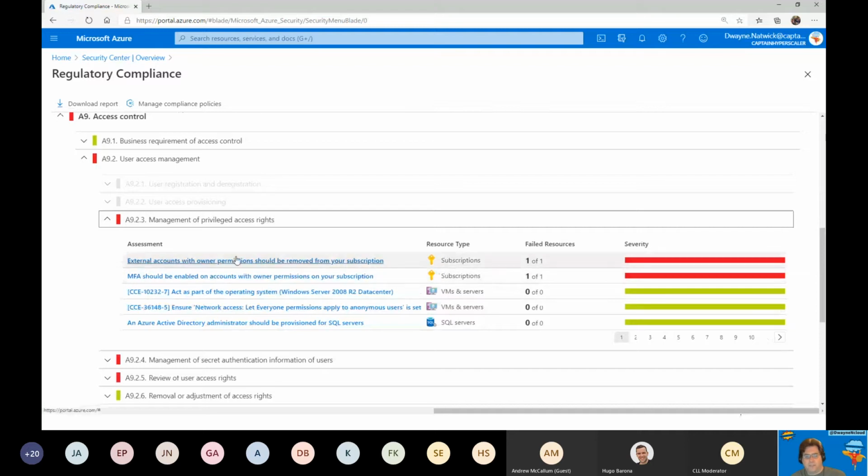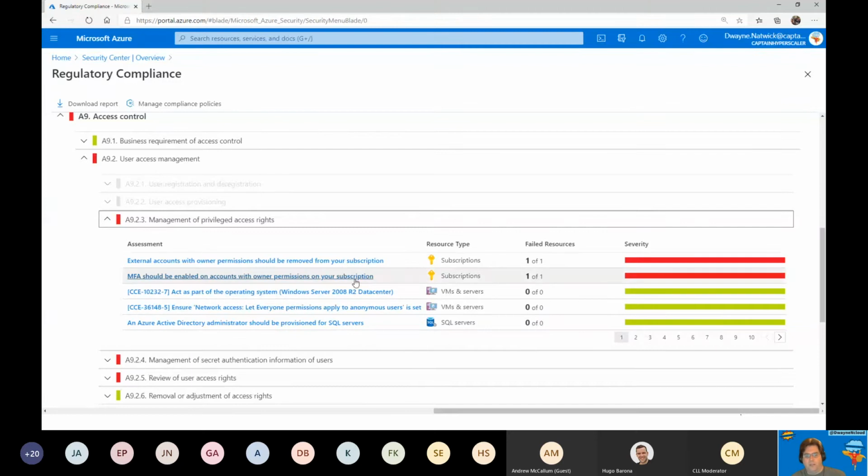I always get this particular one within my demo environment: I have my personal Outlook account set up as an administrator, and it's flagging that external accounts should not have owner permissions, and that I don't have multi-factor authentication on one of my accounts as well. It's flagging both of those, and I always get flagged on those in my demo account.